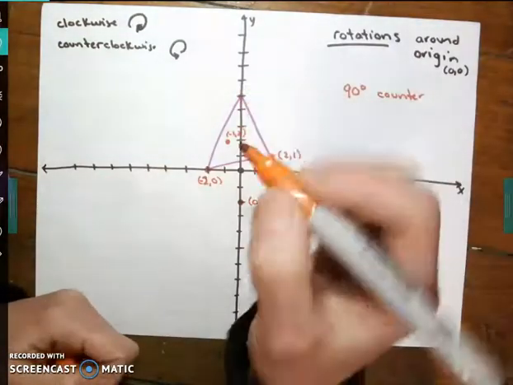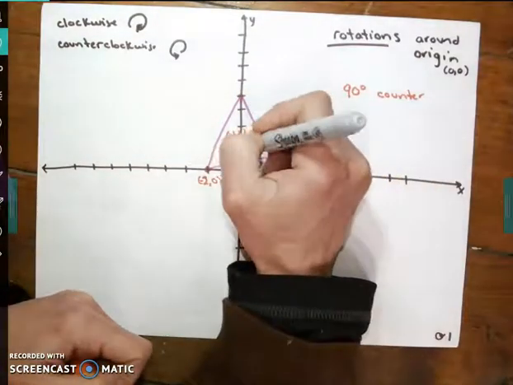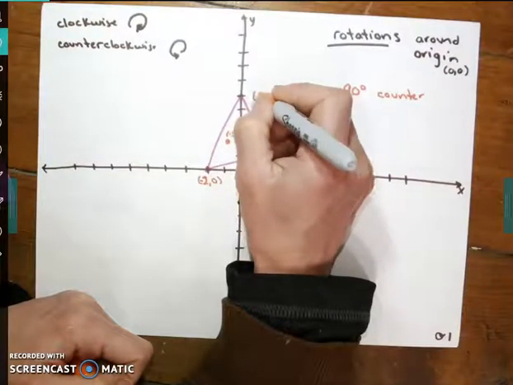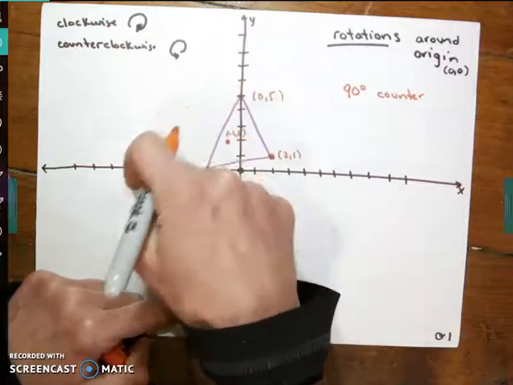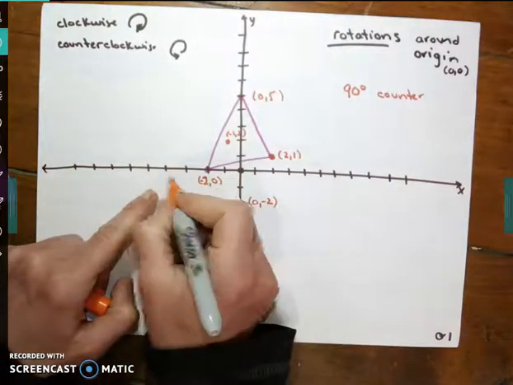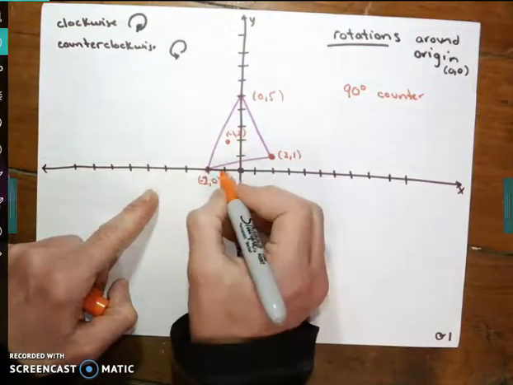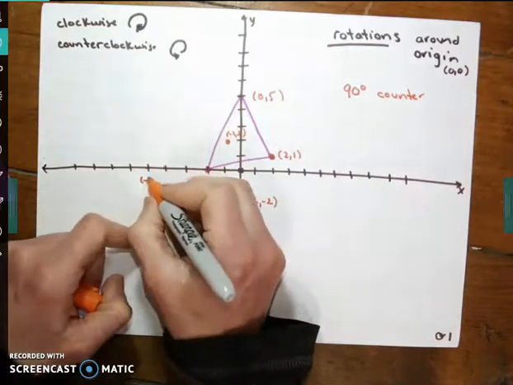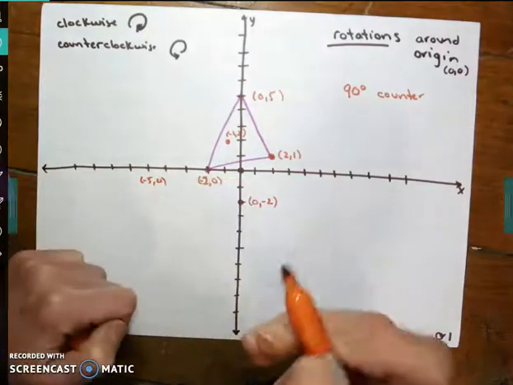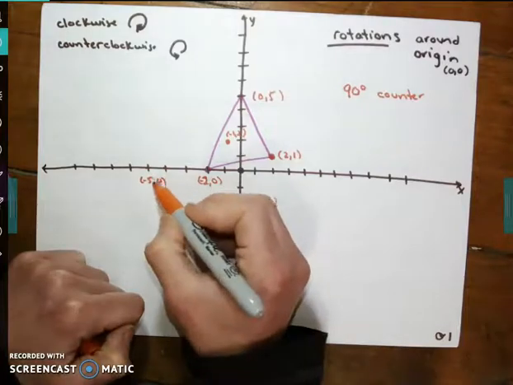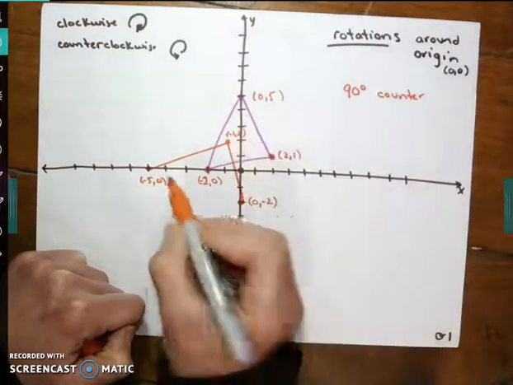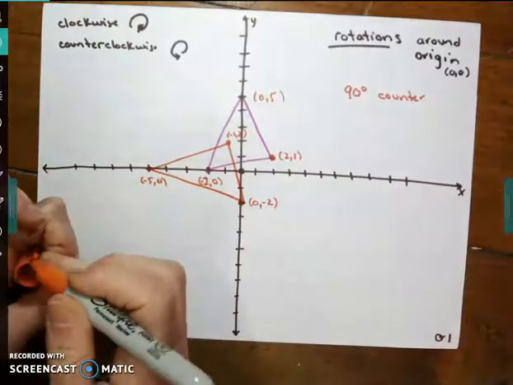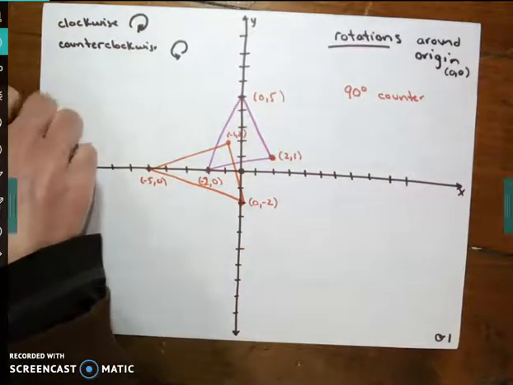What about this point? This one was at 0, 5. When I rotate it 90 degrees, now it's going to be at -5, 0. So here's my new picture-ish, if I'm a good artist.